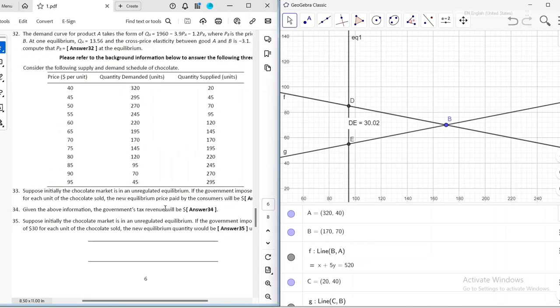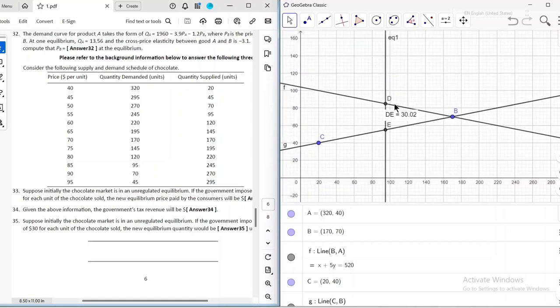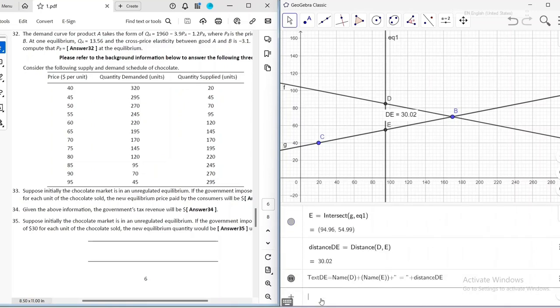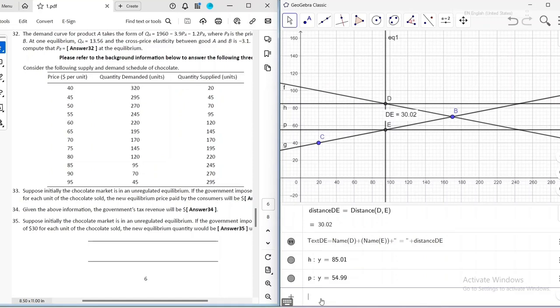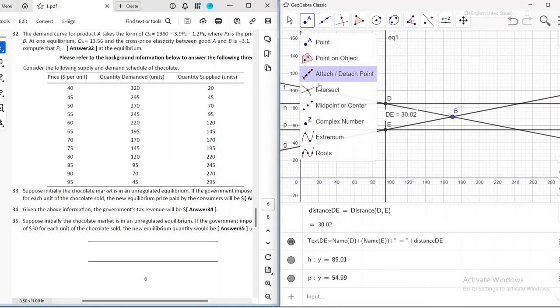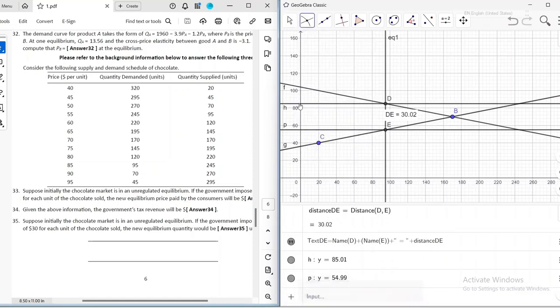Now, what is the tax revenue? In the next question, we are asked to calculate the tax revenue. So tax revenue is simply, okay, so let me draw two more curves, y equals the y coordinate of D and y equals the y coordinate of E. Need to find out these 2 points.